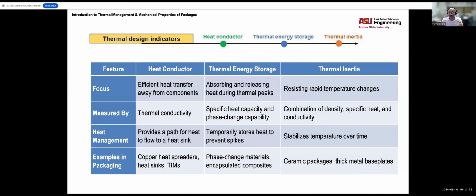They're going to make sure you don't have dramatic temperature changes. Ceramic packages will do that. They'll absorb the heat, but they're not going to change their temperatures very quickly. And if we have a thick piece of metal, it will transfer all that heat to the other side, so you don't get a buildup of heat. So these are three types of materials used in the thermal design: heat conductors, thermal energy storage, and thermal inertia.